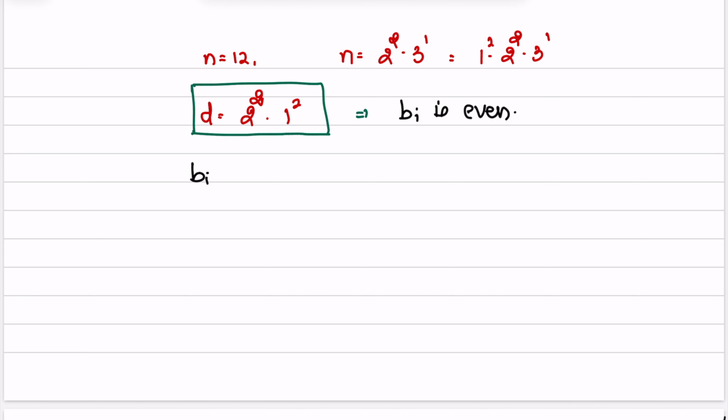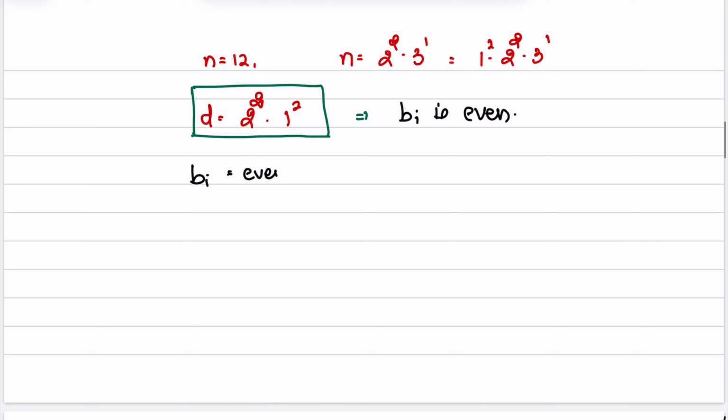Bi is equal to the greatest integer of Ai by 2 plus 1.